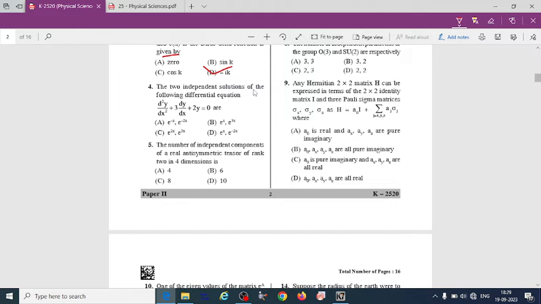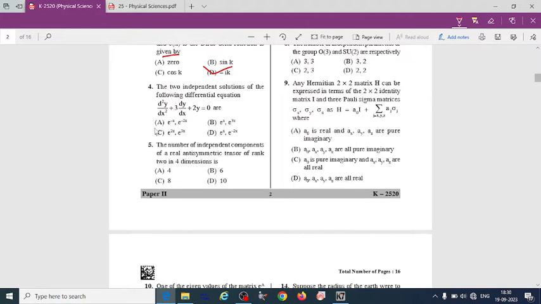The two independent solutions of the following differential equation, just you can consider d square y by dx square as d square plus 3d plus 2 is equal to 0. Then algebraic formula like that you can make here, splitting of 3d into 2 plus 1.